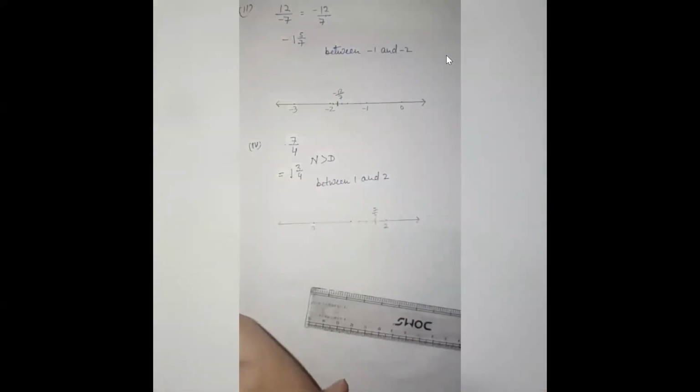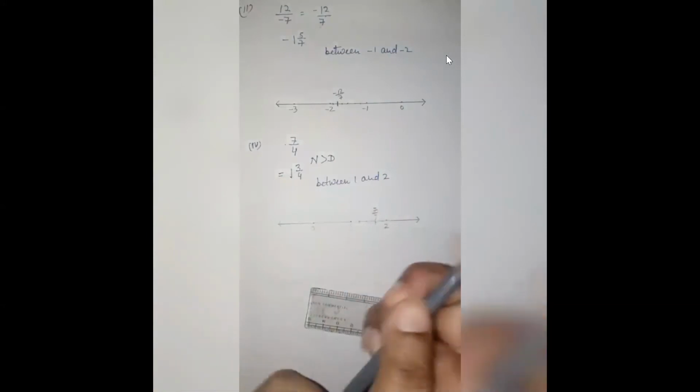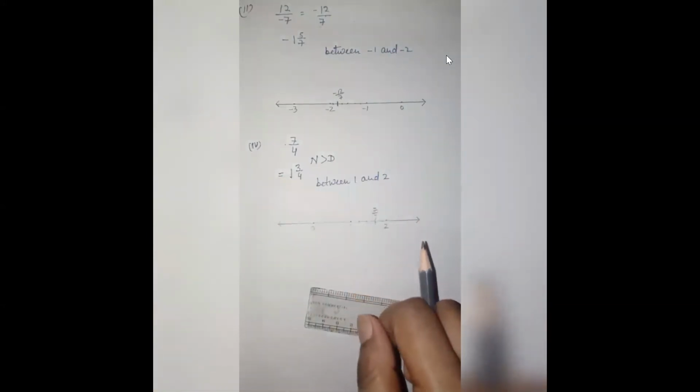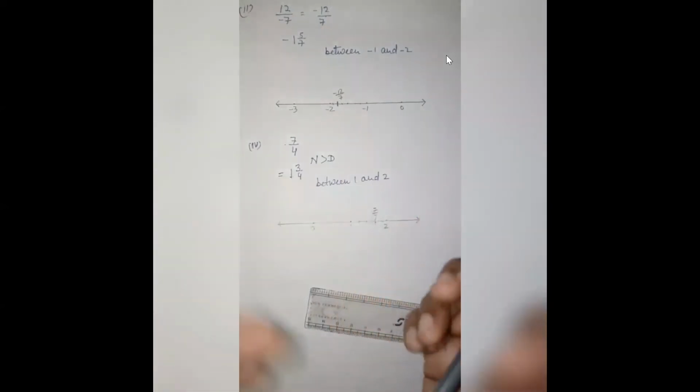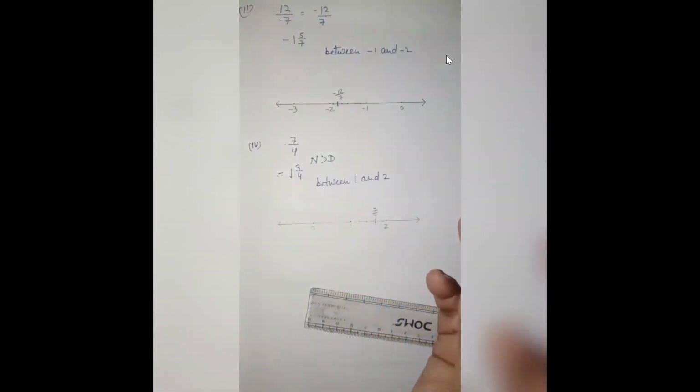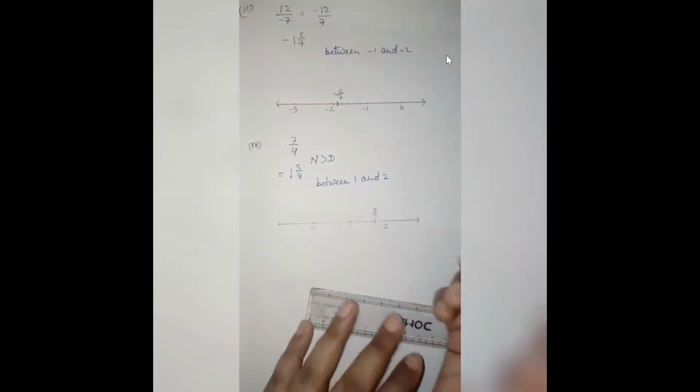In this way, you can represent rational numbers on the number line. And I hope that now you all have understood how to show a rational number on the number line. Only you have to see whether the numbers are negative or positive. If numbers are negative, they will be marked on the negative side, and if they are positive, then they will be marked on the positive side.